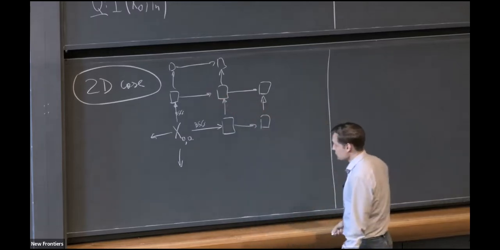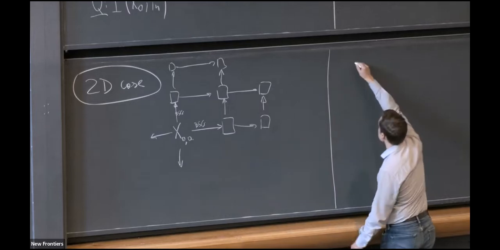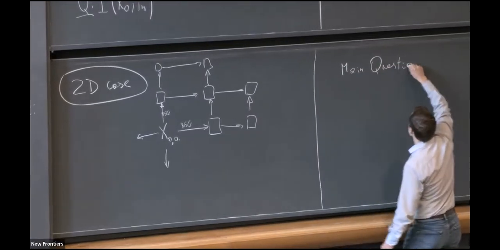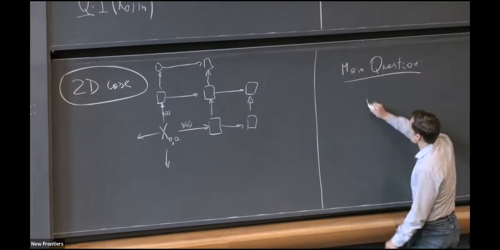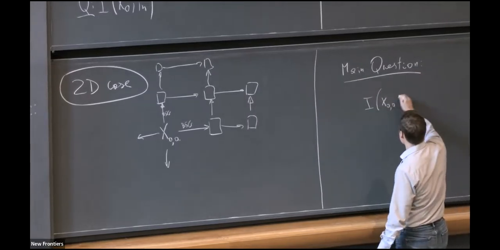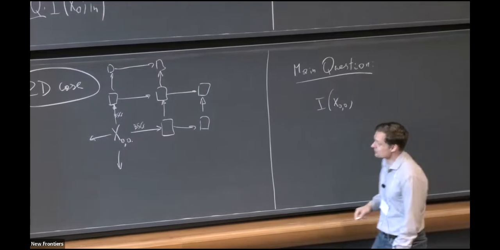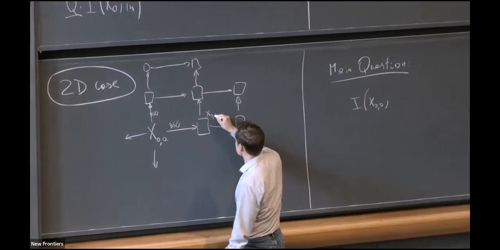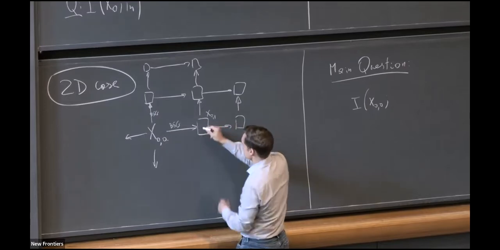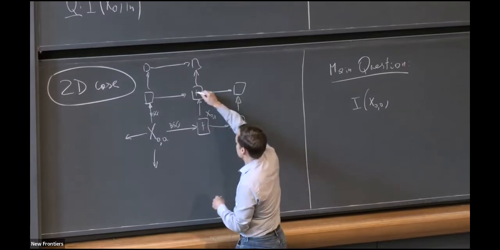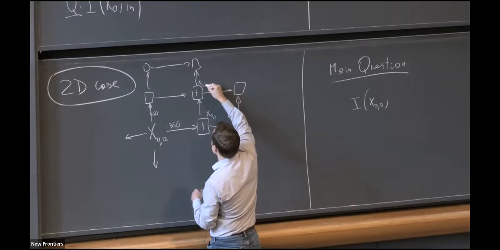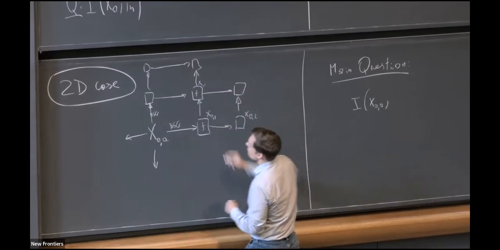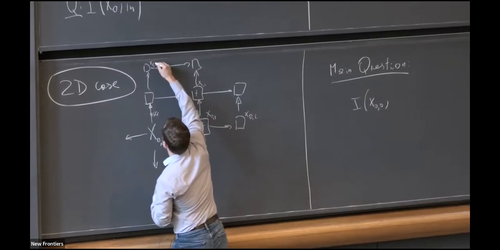So what is the question here? The main question is whether we can come up with smart processing functions. Let me give names to these variables. The output of this processing function is going to be x01, this is x11, this is x02, and this is going to be x20.